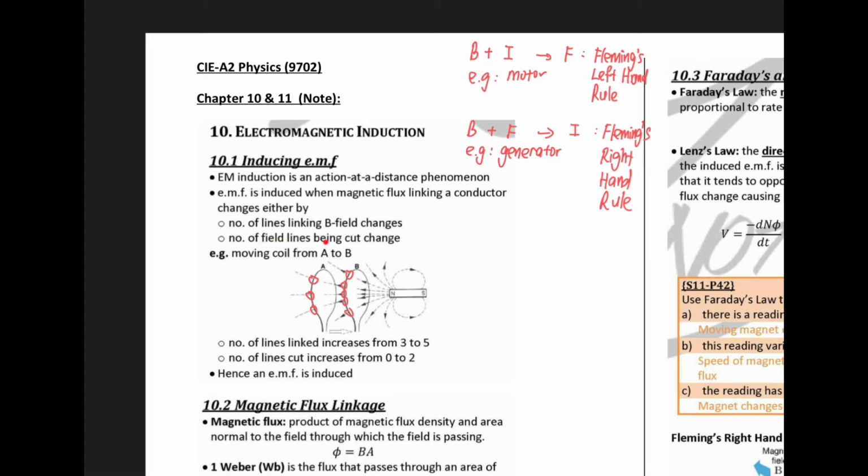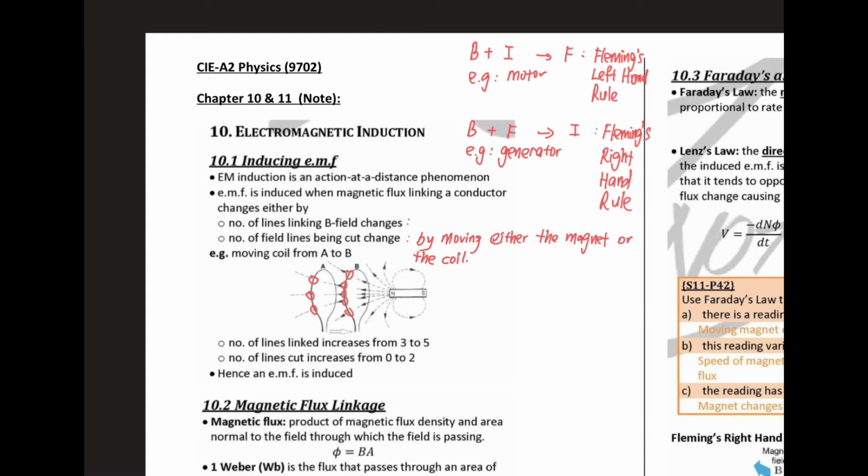So the number of field lines being cut changes by moving the magnet or by moving the coil. Okay, so let me write down first. This is by moving either the magnet or the coil.